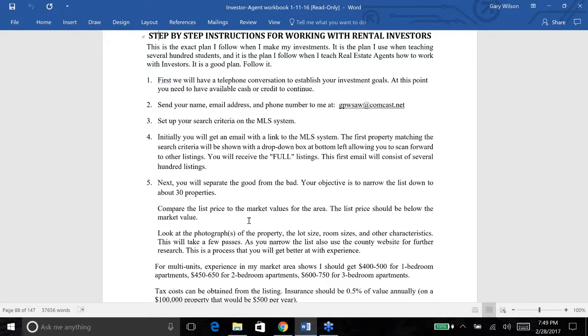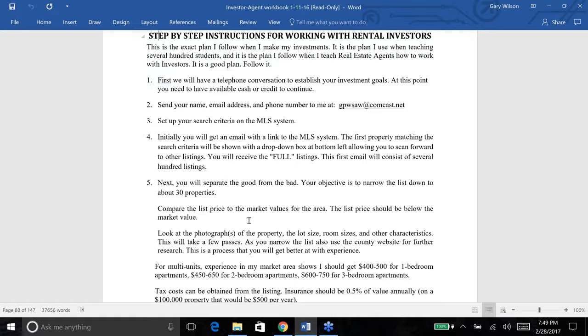Okay? So one of the things we want to do is determine what we would call fair market value for that type of property in that area. And it's very easy to do because you could simply do a CMA on the area and determine that. And a couple things to keep in mind, guys. Remember, we're not casting a wide net. We're not just looking at every property out there hoping to find a needle in a haystack.